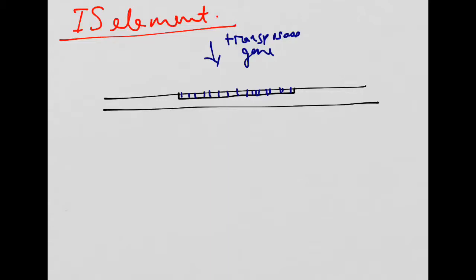And there will be inverted sequences on both sides of the transposase gene. Inverted sequence means they will be oriented in inverted direction. These inverted sequences are reverse complements of each other.